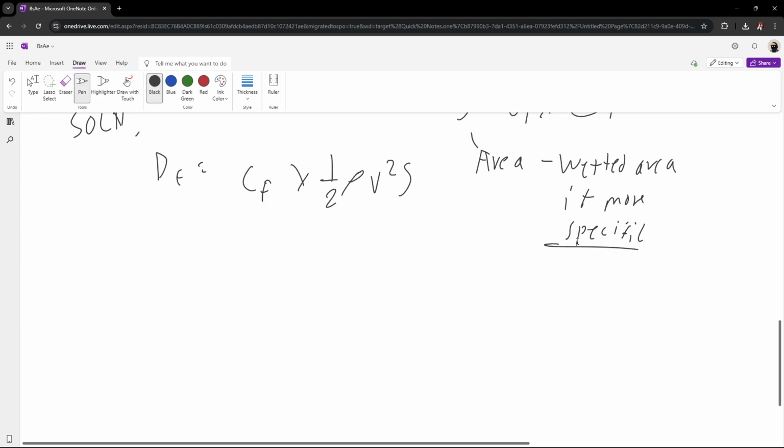Okay, now Cf is the skin friction drag coefficient. DF is the total skin friction drag, and this is the skin friction drag coefficient.